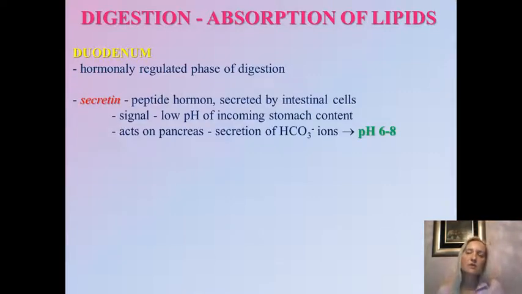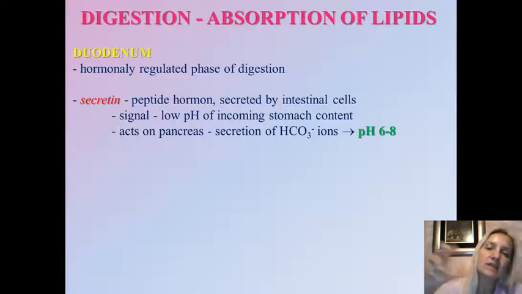So the first hormone which is important to be mentioned here is secretin, which is a peptide hormone. It's synthesized and secreted by intestinal cells. And the signal for its secretion is the low pH of incoming stomach or gastric juice.